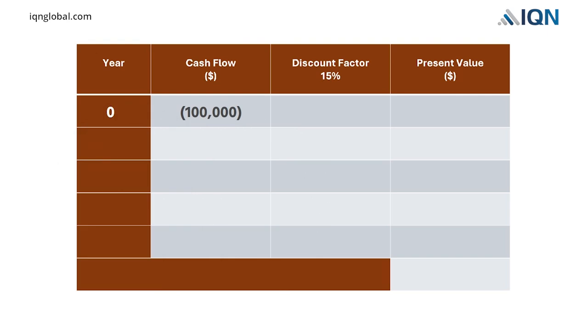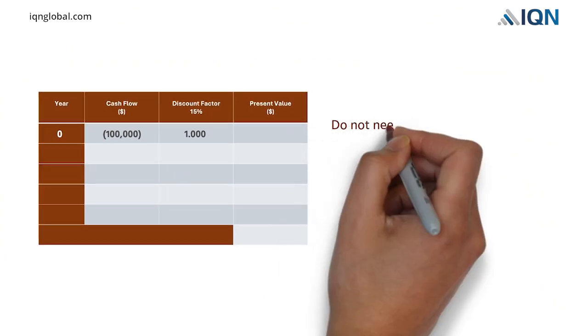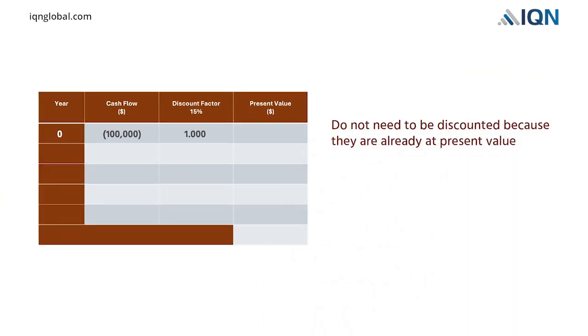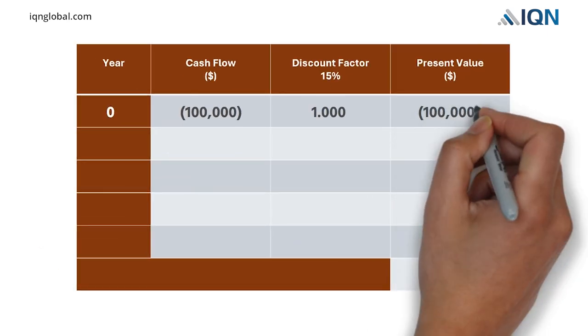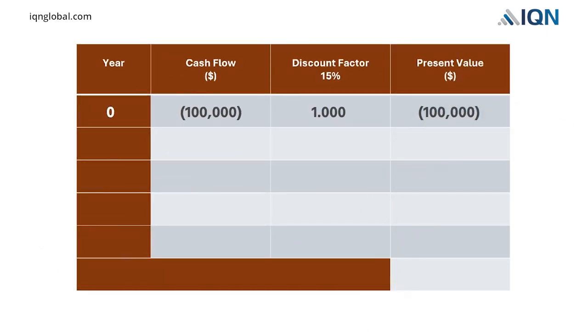The discount factor for year 0 is 1. This means that cash flows occurring now in year 0 do not need to be discounted because they are already at present value. So the PV of year 0 is negative $100,000. For years 1 and 2, the calculations are already shown in this video.